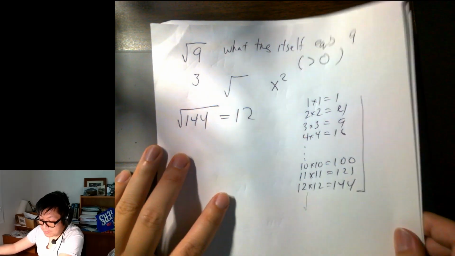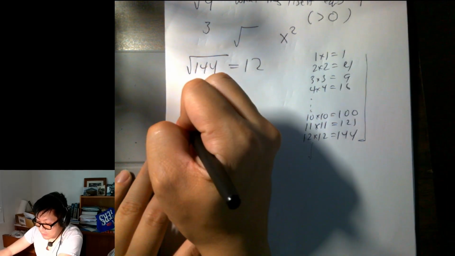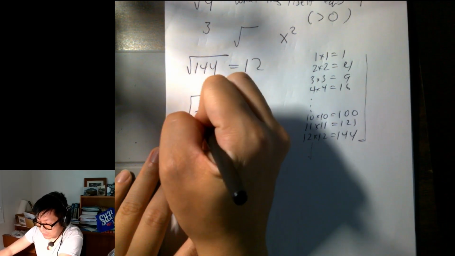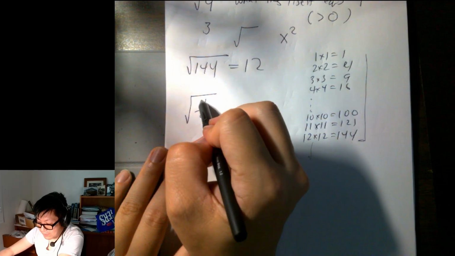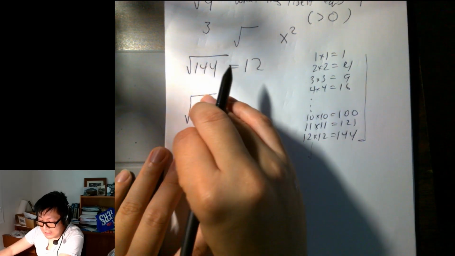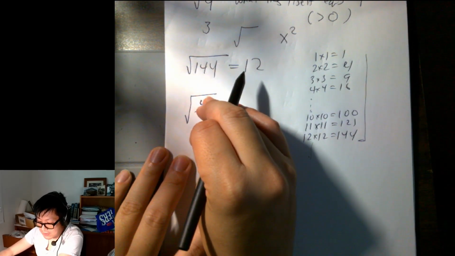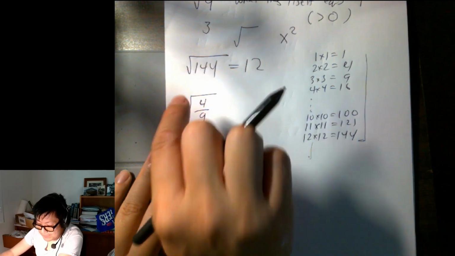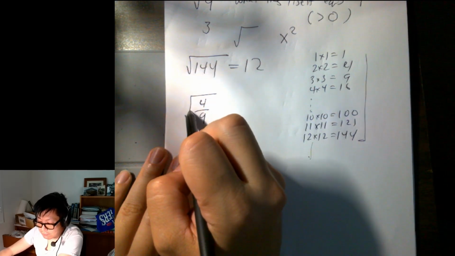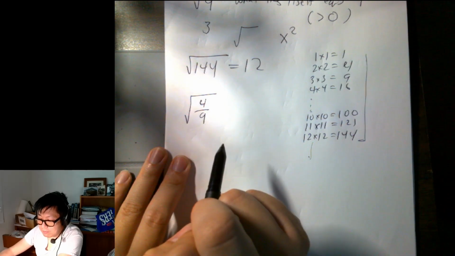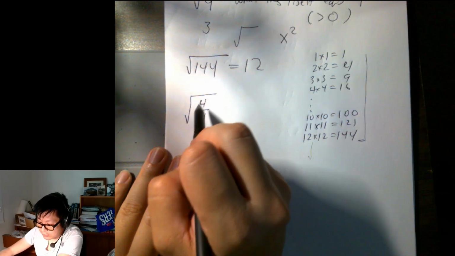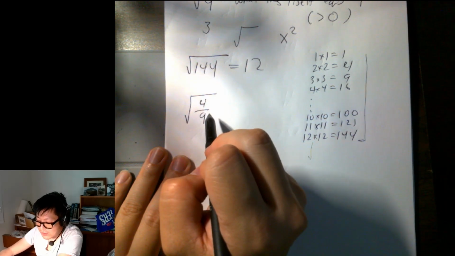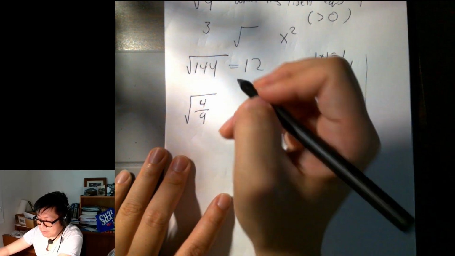They may also be fractions. So if I have square root of 4/9, the way to think about this is still what times itself equals 4/9, but to streamline it, these radicals can apply to each part of a fraction. As long as you have multiplication or division inside, it can apply to each piece separately.